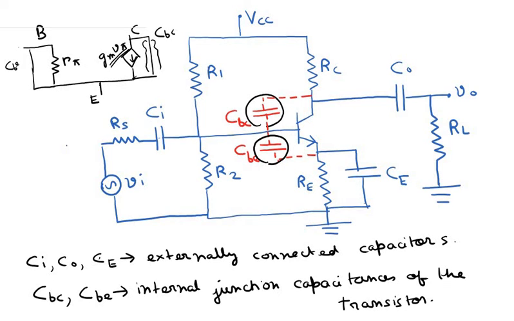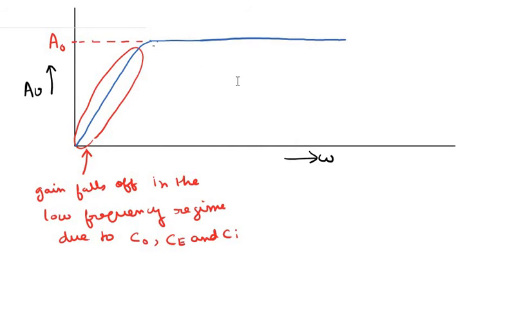So at very high frequencies, again the gain is basically reduced to 0. At very high frequencies the gain tapers off, and this happens due to the internal junction capacitance of the transistor.